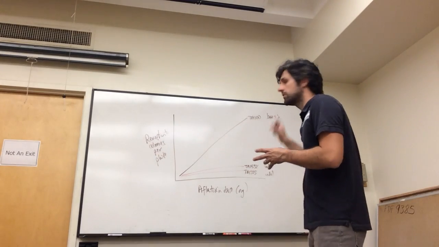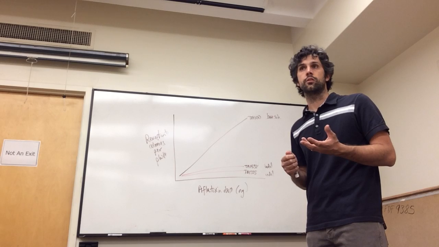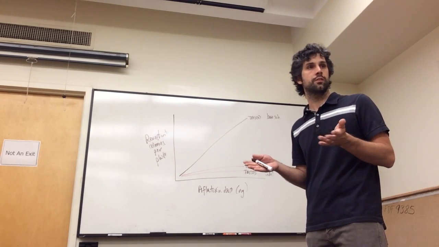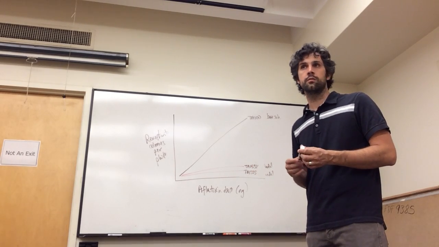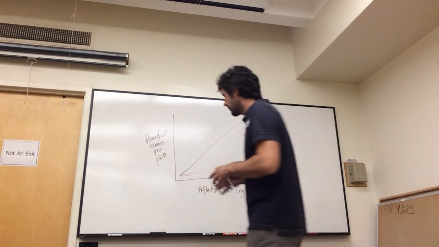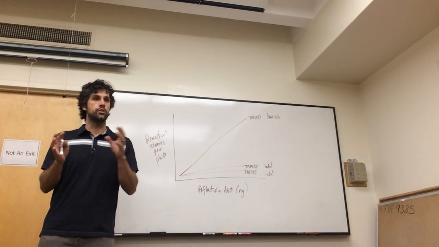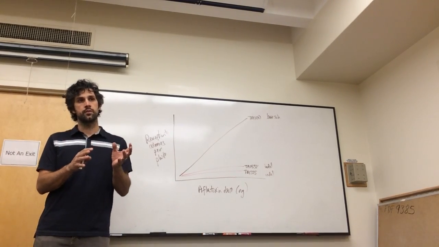The way that you're going to fix a base substitution is through a base substitution. So you're not going to be able to fix a base substitution with a frame shift. Does that make sense?